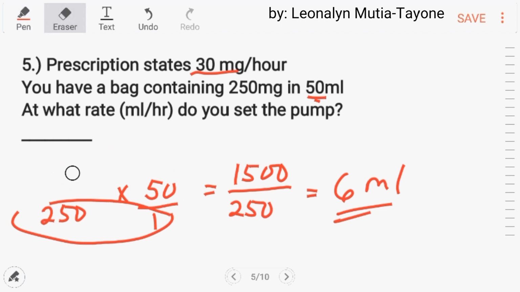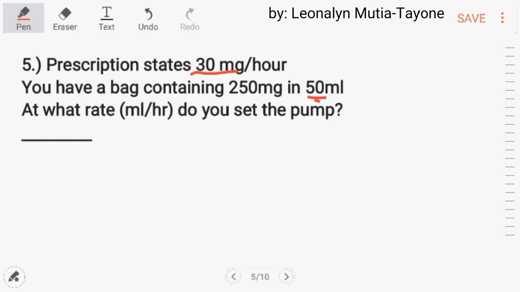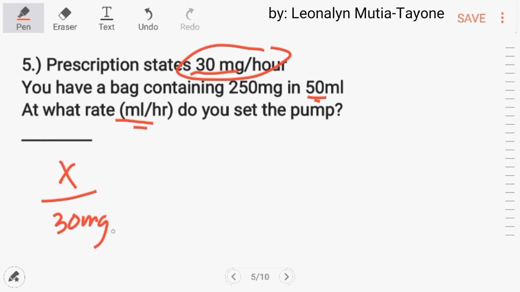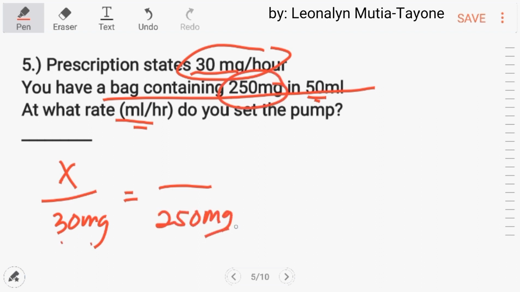Another way of solving this again is cross multiplication, or ratio and proportion. Let x be the ml per hour that we are going to set the pump, and then 30 milligram, because this is the desired dose, versus the available. 30 milligram is to 250 milligram, milligram to milligram. This is ml to ml. So the available is 50 ml over 250 milligram.